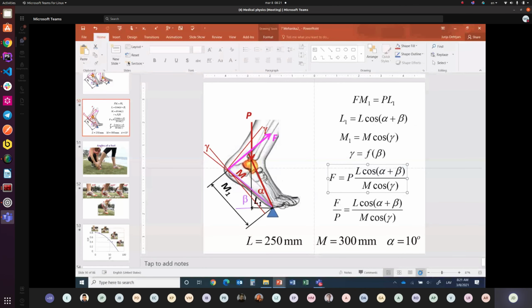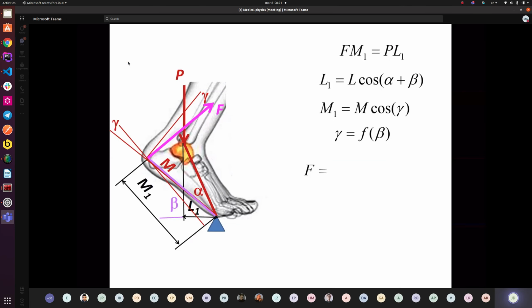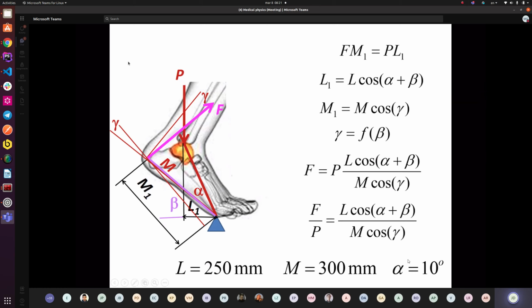Okay. So, and finally, we can calculate the ratio of F to P. So to compare how great is force F against P.